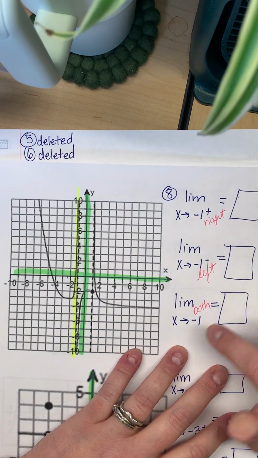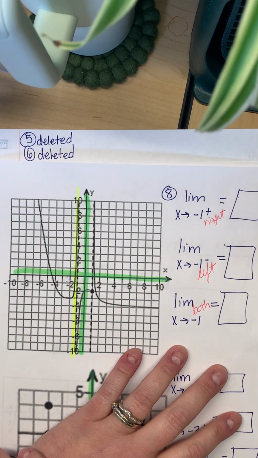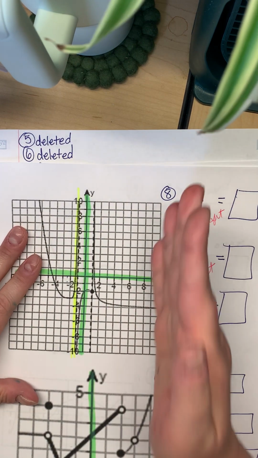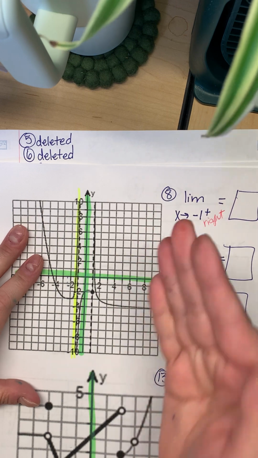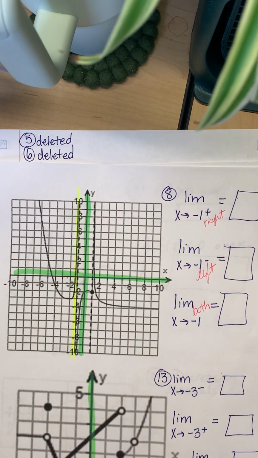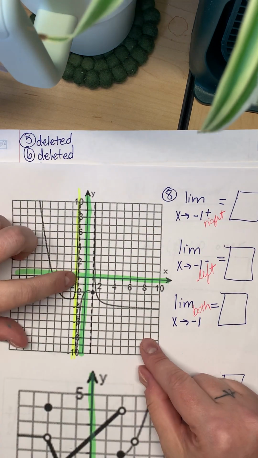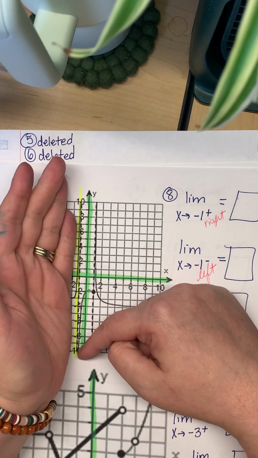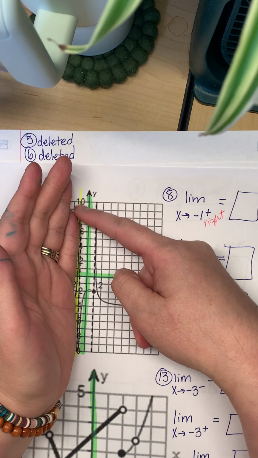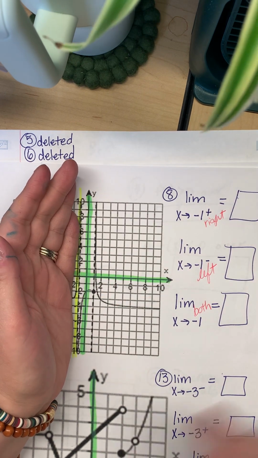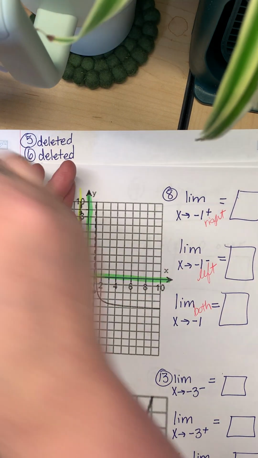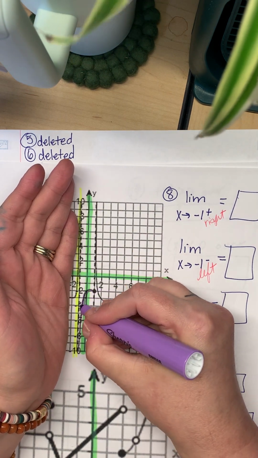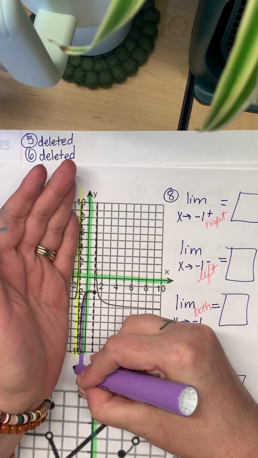So from the right, we don't need to find the piece of the graph all the way to the right. That would be if x is infinity. We need to find the piece of the graph that is directly to the right of x equals -1. So if I cover up this graph and look at when x is -1, it's this up and down line. The piece directly to the right of it is this piece that's going down.